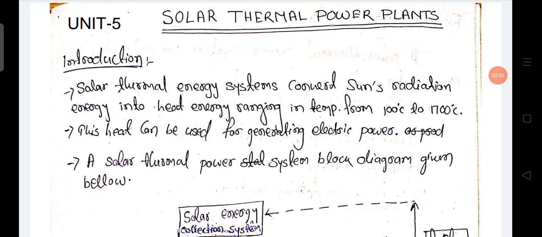Similarly, in this method, we convert solar radiation into thermal energy, and using that thermal energy we can produce electric power.